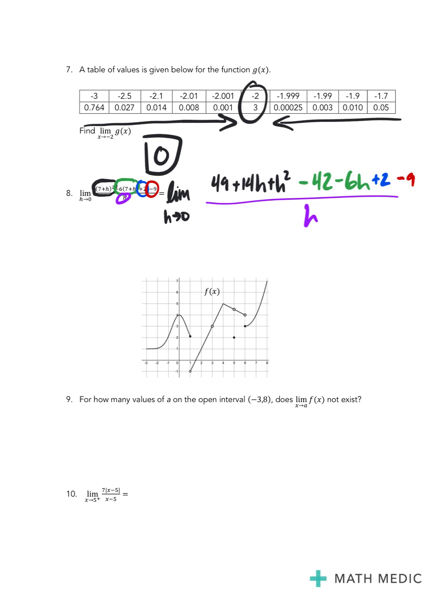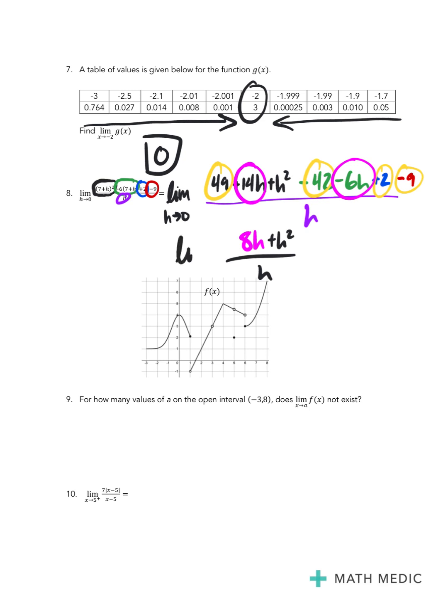I'm just looking for like terms here that I can combine, and so I see 49 and 42 and 2 and 9, and all those add up to just 0, so they go away. They're not relevant anymore. And then I have the 14h and the 6h, so we're going to add those and get 8h, and then we've got that plus h squared still too.